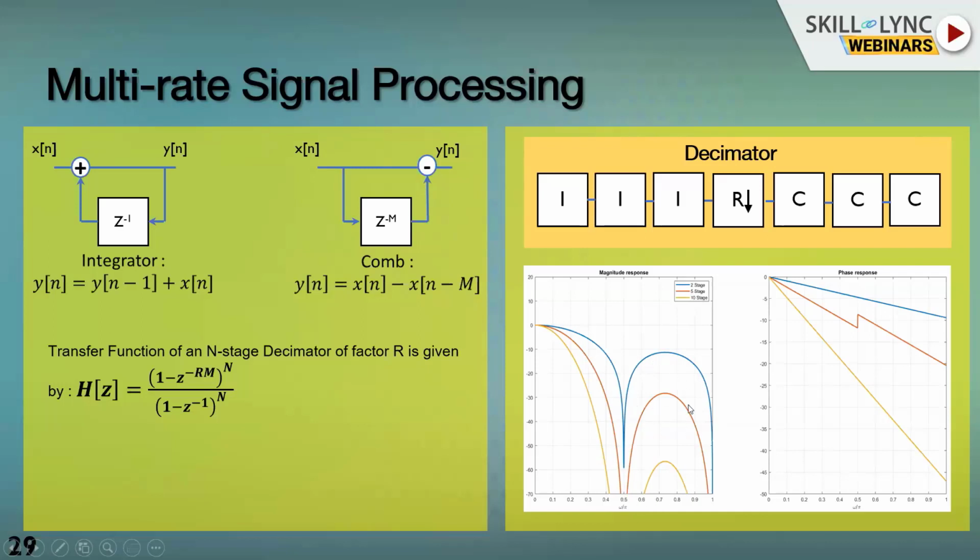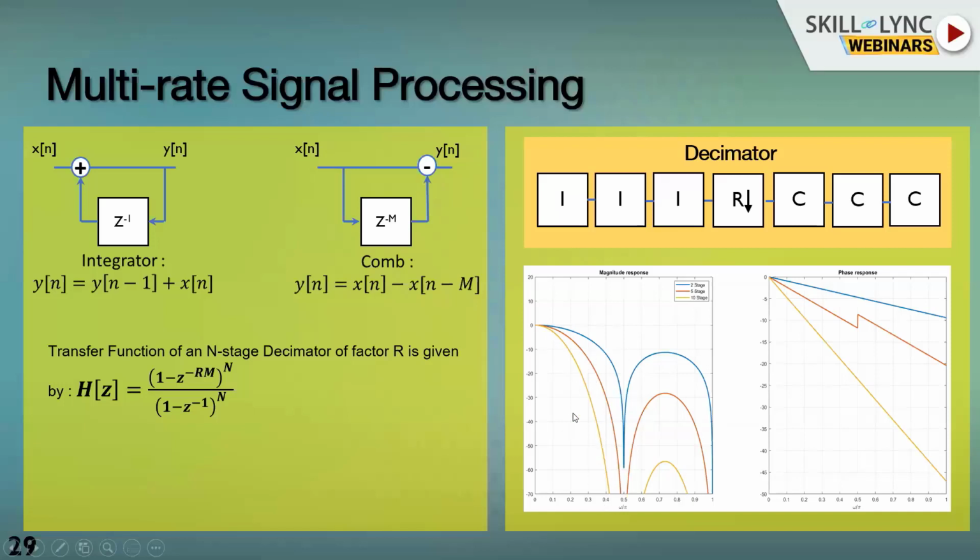Stop band attenuation is high, but the distortion of the pass band is also more. This is the band of interest where our signal is present, and we would like this band to be as flat as possible. But as we are increasing the stages, the flatness is reducing more and more.